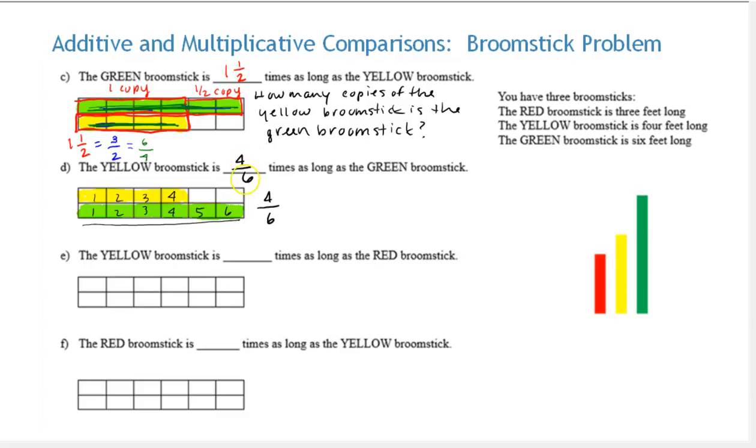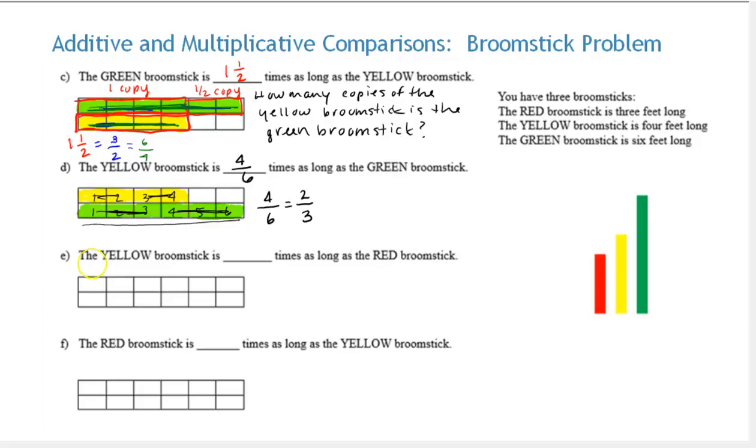Okay, so 4/6 is a proper fraction, it's less than 1. And notice that's just the length of the yellow divided by the length of the green. And if we want, we don't need to do this now, but we can rewrite this as 2/3. Okay. For now, it's nice to keep them in this form so you can remember where the numbers are coming from. But we could also say for every 2 yellow, there's 3 green. So 2 yellow to these 3 green, 2 yellow for these 3 green.